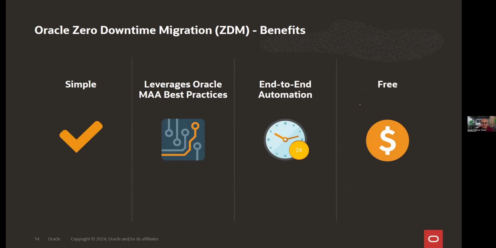It's also based on maximum availability architecture best practices. So if you are leveraging backup and restore, Golden Gate, DataGuard in the background, it's taking care of all the best practices, the configuration for you in the background without having you dealing with all the parameters with the configuration.